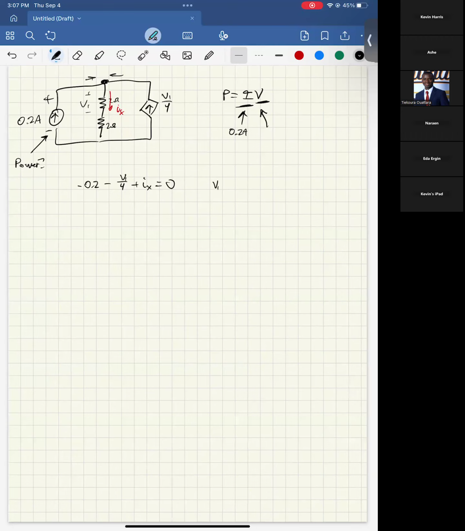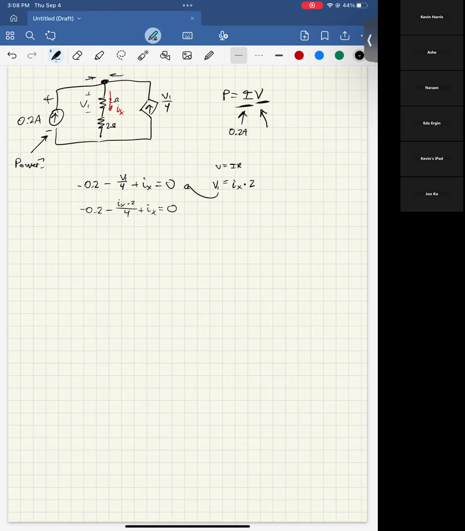So V1 is very simply going to be V equals IR, right? So it's going to be IX times 2 ohms. Then we can plug that in. Minus 0.2 minus IX times 2 over 4 plus IX equals 0.